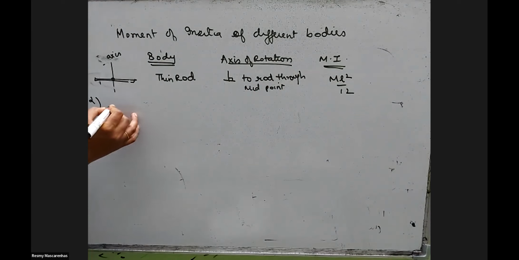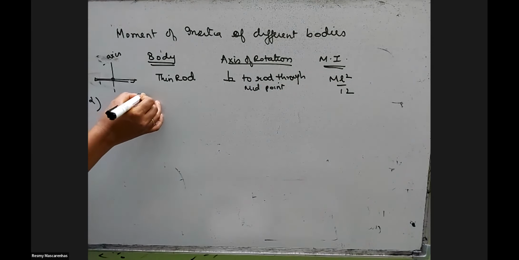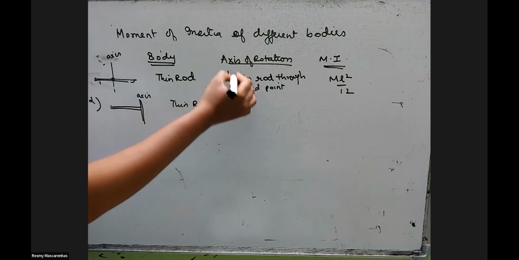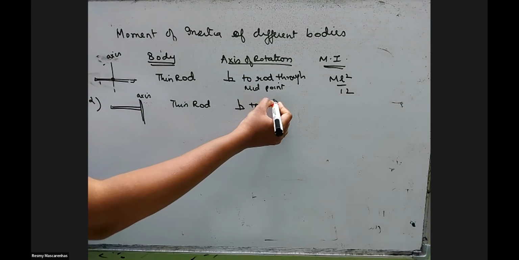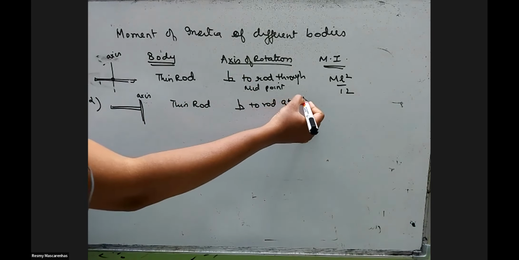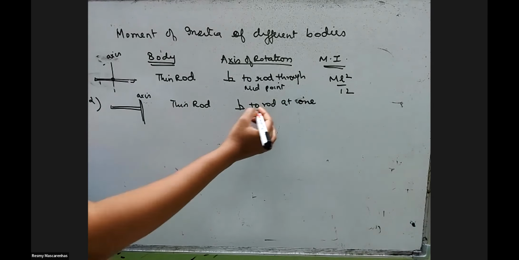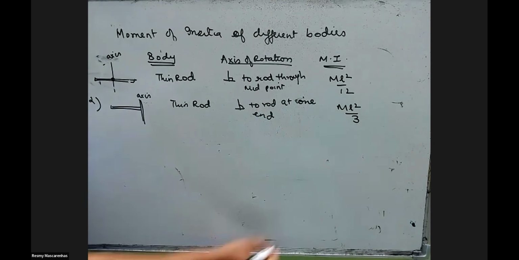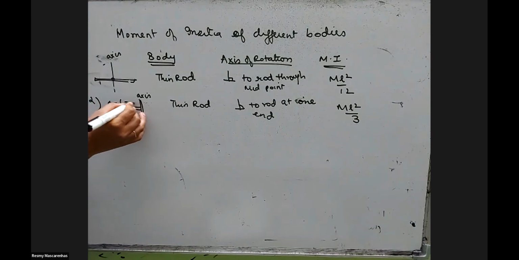Second one. A thin rod, but the axis is at the end, perpendicular to the rod at one end. Then the moment of inertia is ML square by 3, where L is the length of the rod.